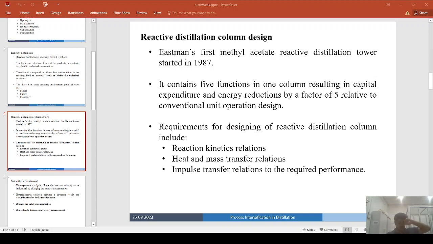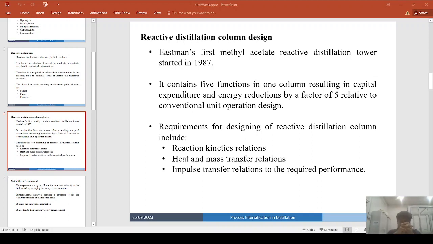The reactive distillation tower was basically used to synthesize methyl acetate. It was set up in 1987 by the Eastman company.